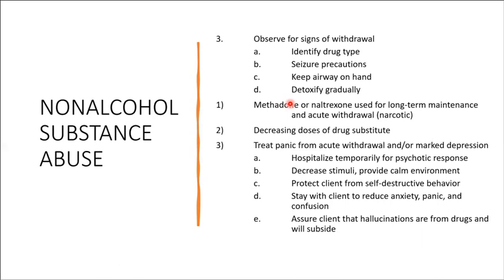We also use methadone for treatment of patients in chronic or severe pain. Again, we want to give decreasing doses of drug substitutes and treat panic from acute withdrawal or marked depression. If you see psychotic response in your client, we might need to hospitalize temporarily.